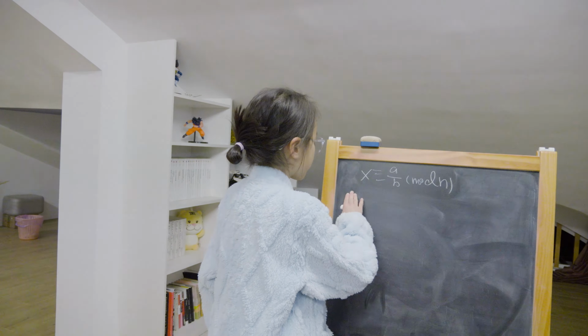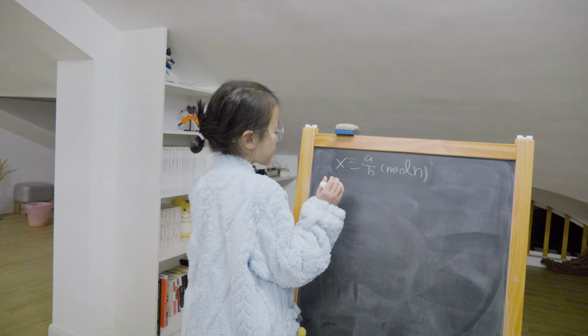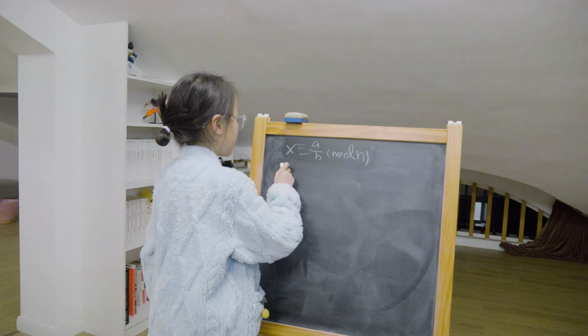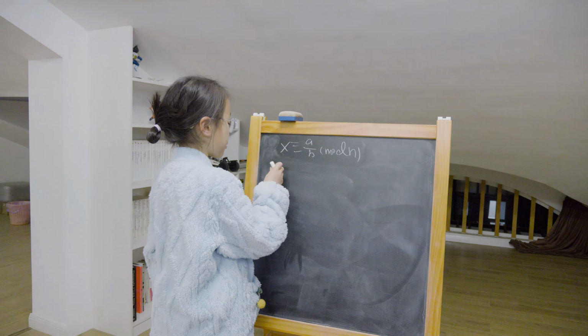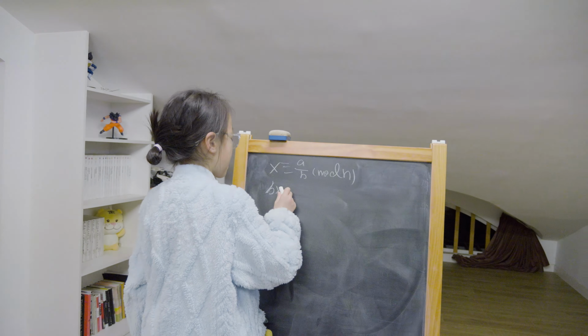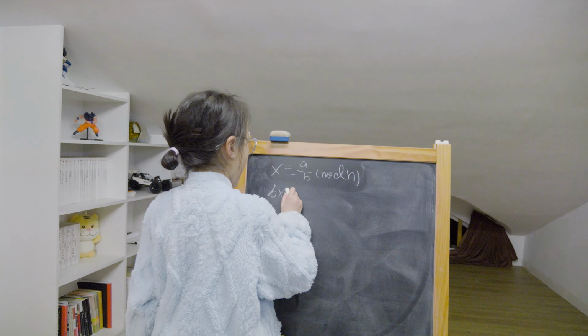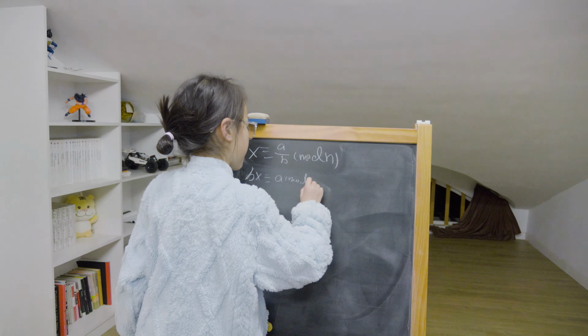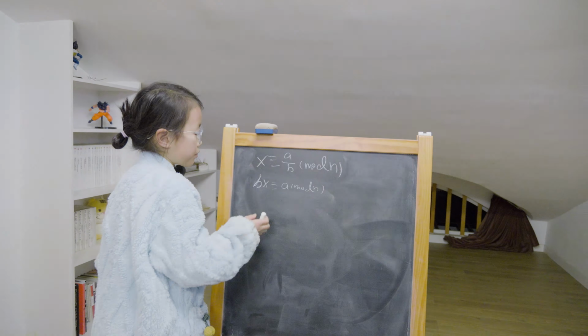First, let's think intuitively. As we talked about in the last video, we can change this to bx congruent a mod n, because we multiply both sides by b.